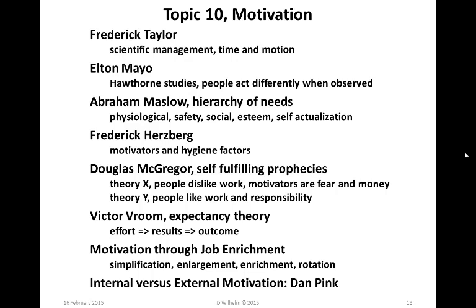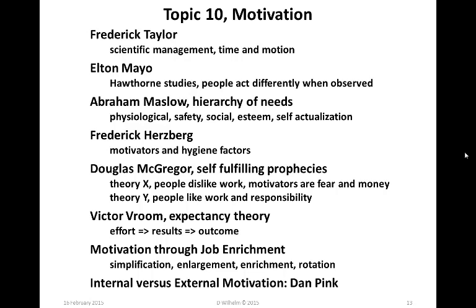Frederick Taylor, father of scientific management, was partially a time and motion study. Just like ISO 9000, he was 75 years before ISO 9000. He said find the best way to do something and make sure it's done that way.